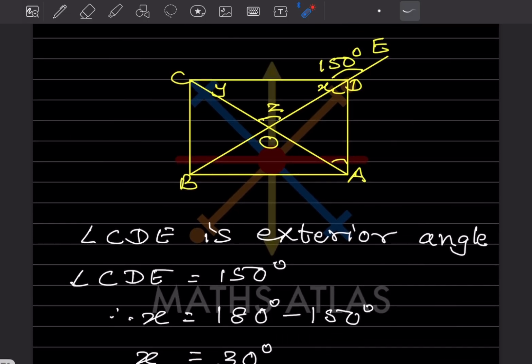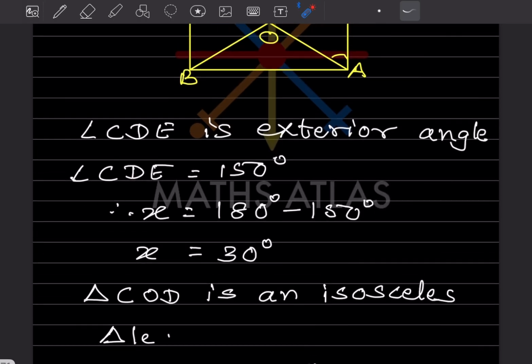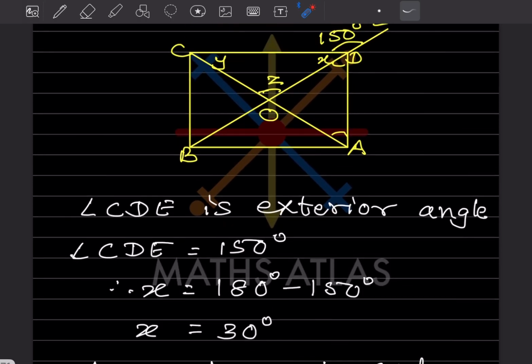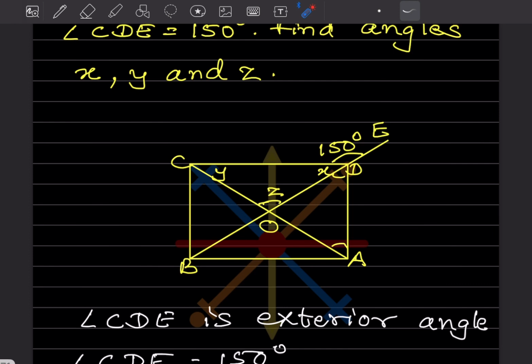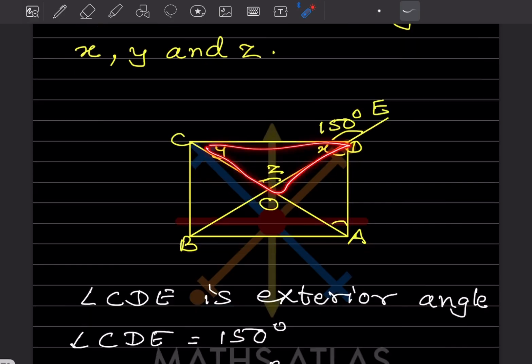So in triangle COD, which is an isosceles triangle, we got this angle as 30, so Y should also be 30 degrees. Y is equal to X, which is 30. Now we want this Z. This is a triangle, and the angles of a triangle sum to 180.